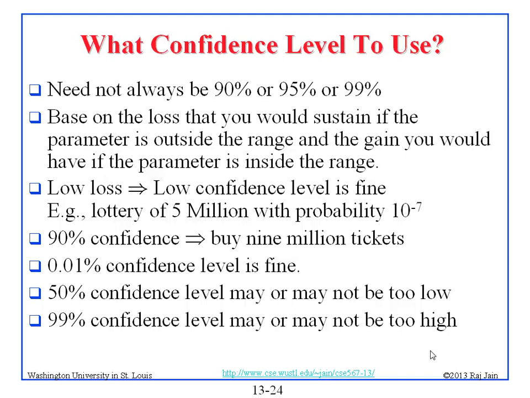How many of you have bought a lottery ticket ever in your life? Anybody? Okay. All right. What was the confidence that you had that you will win it? I mean, chances of your being wrong is what? So suppose 38 million people bought the lottery and you are one of them. Or let's keep it a round number. Let's say 100 million people bought the lottery and you are one of them.